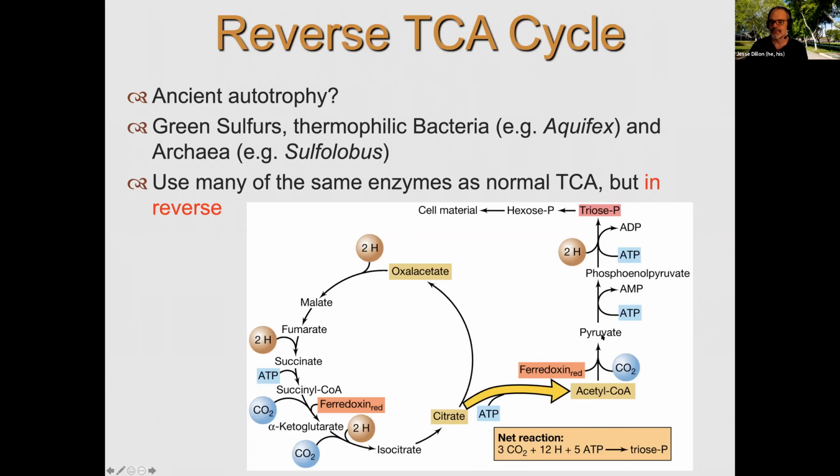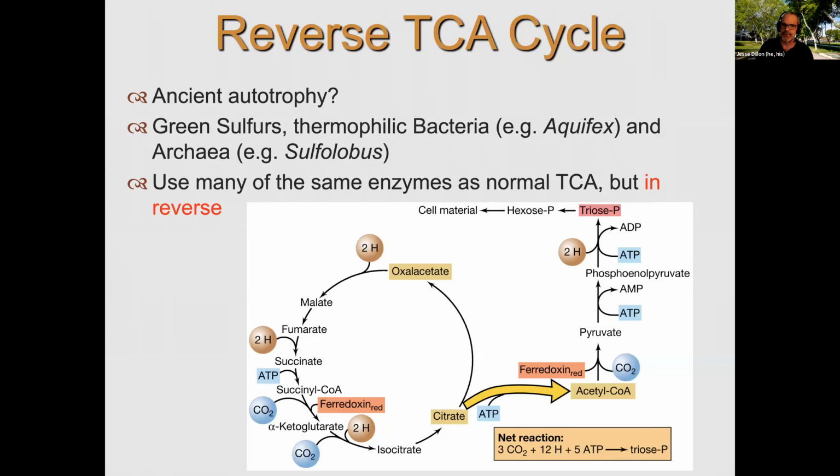It's converted to pyruvate by the addition of a carbon dioxide. And so essentially what happens here is you generate a 2-carbon molecule, turn it into a 3-carbon molecule, a triose, okay? And then you can couple together two 3-carbon trioses into a hexose, right? So in the end here, the stoichiometry is a little different, but the whole point is the same, and that's what you want to focus on. Many of the enzymes you may have had to memorize in other classes are used here, but they have evolved to be running in the opposite direction, okay?